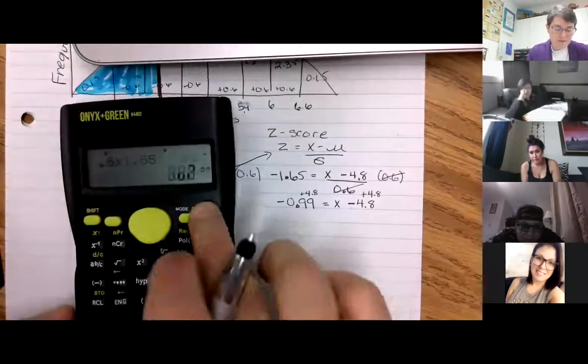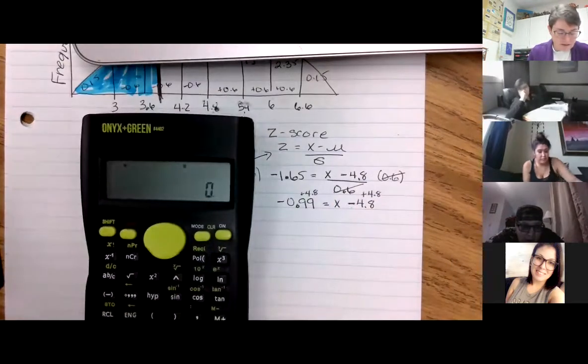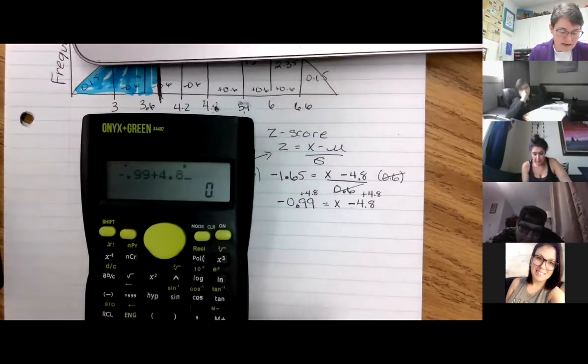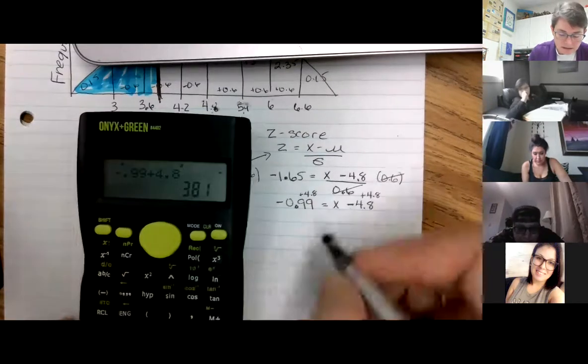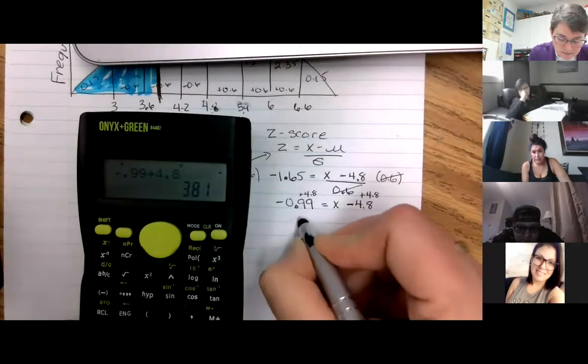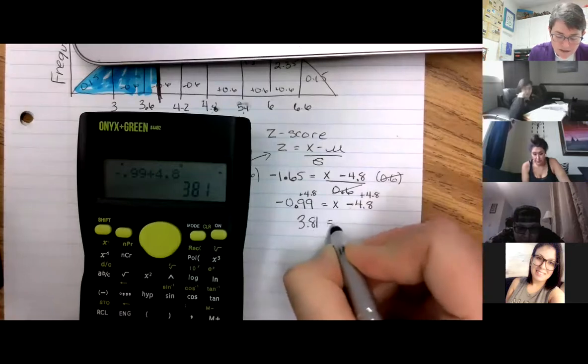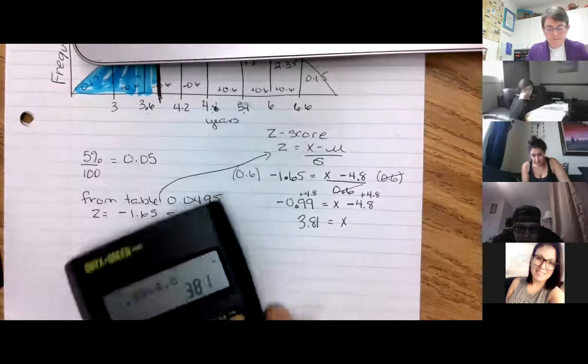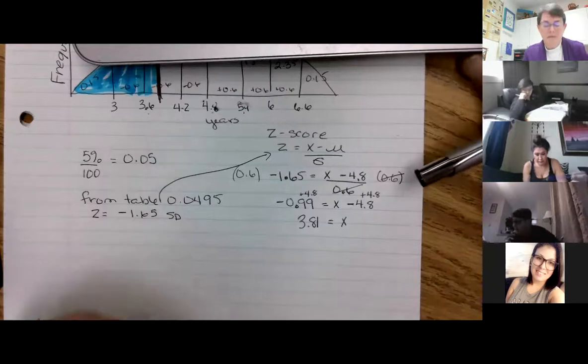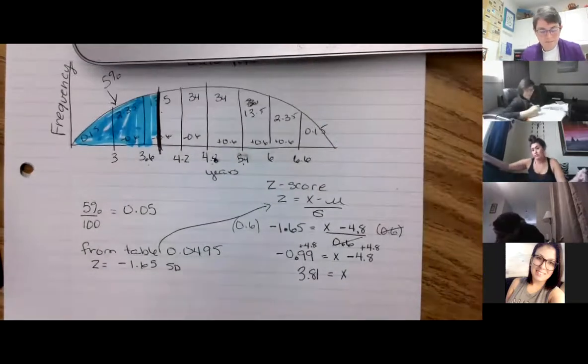Negative 0.99 plus 4.8. All right, so we get 3.81 is equal to my X. And that, my friends, is our answer.